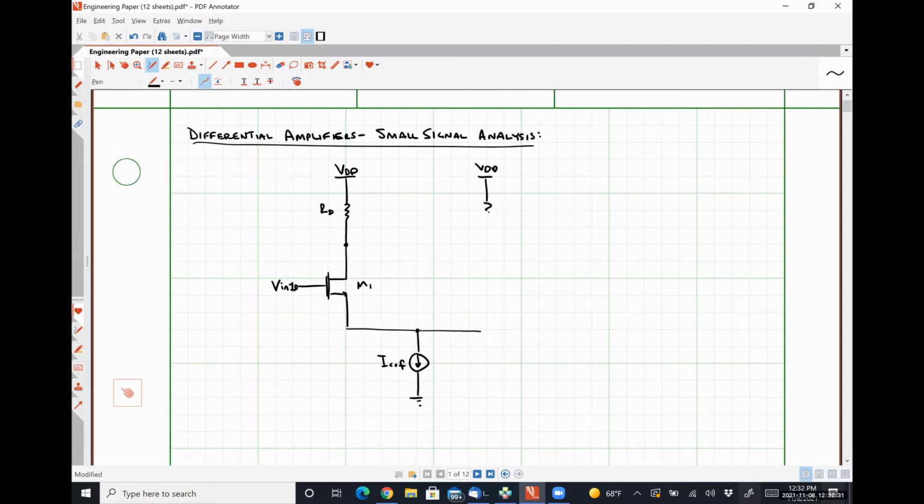And on the opposite side, we have a similar network. This guy over here, VIN2. Here is transistor M2.